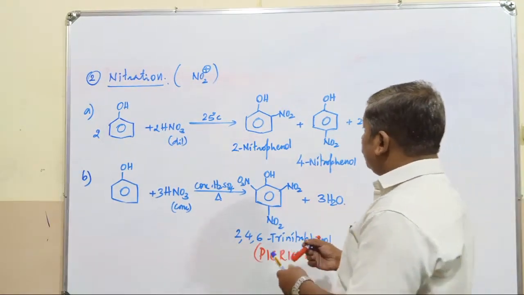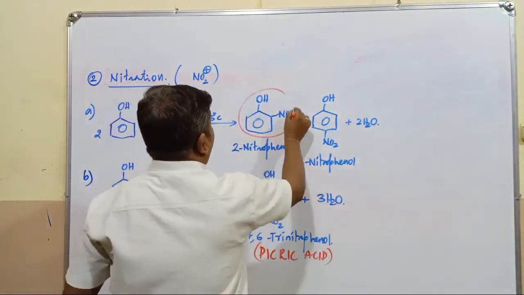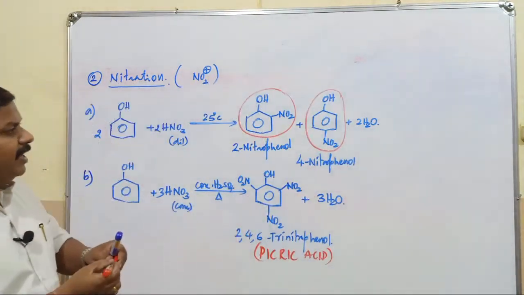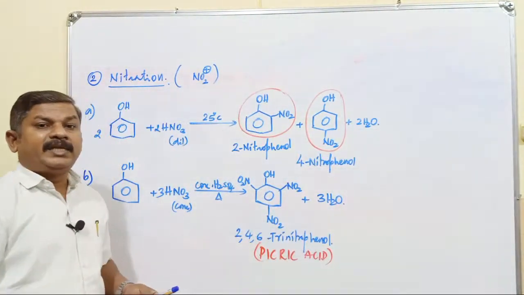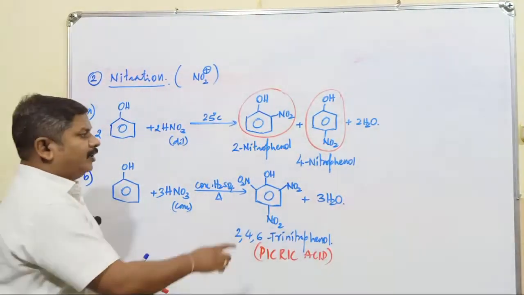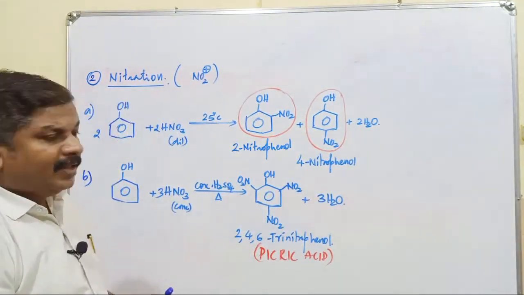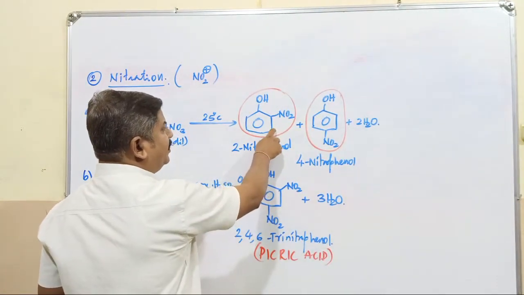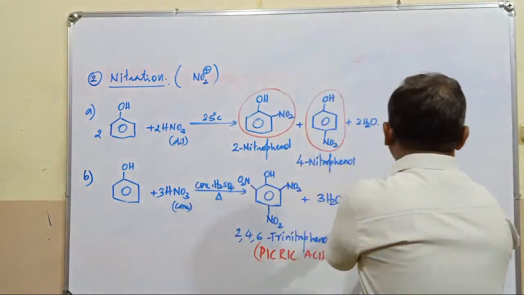And one thing to remember about these two compounds, 2-nitrophenol and 4-nitrophenol. Yesterday in the acidic compound discussion I mentioned 2-nitrophenol and 4-nitrophenol, which is steam volatile. How to separate these two compounds? 2-nitrophenol and 4-nitrophenol are separated by steam distillation, because of the presence of intramolecular hydrogen bonding.